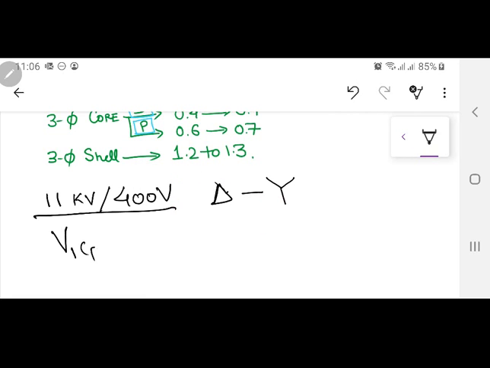So V1 phase is the same as V1 line to line, and that is 11 kV in this case.